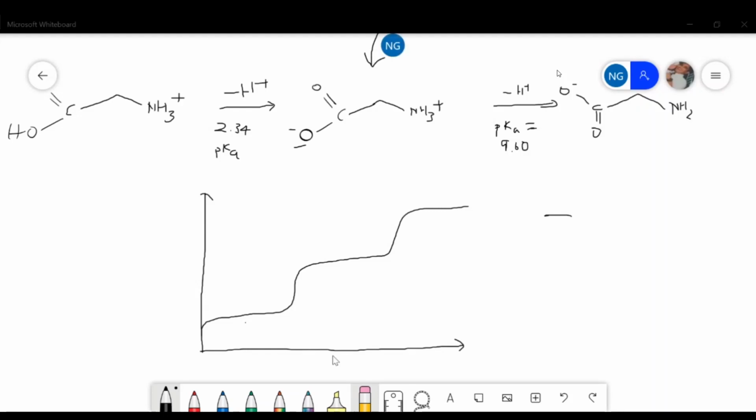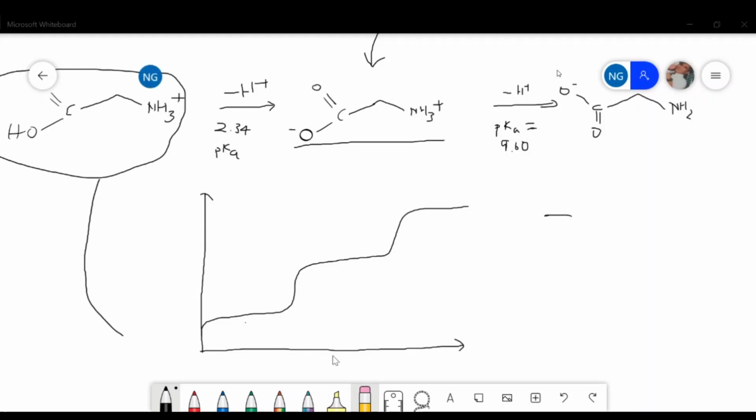Because this is the zwitterionic form, and you see the net charge is neutral. And then we start out over here at the start of this graph with this fully protonated form. And this is not neutral, this is positively charged, this is negatively charged. Okay. This is pH. And this is the volume of NaOH added.